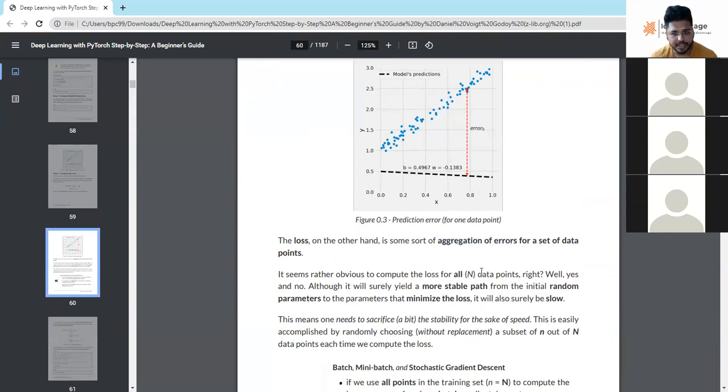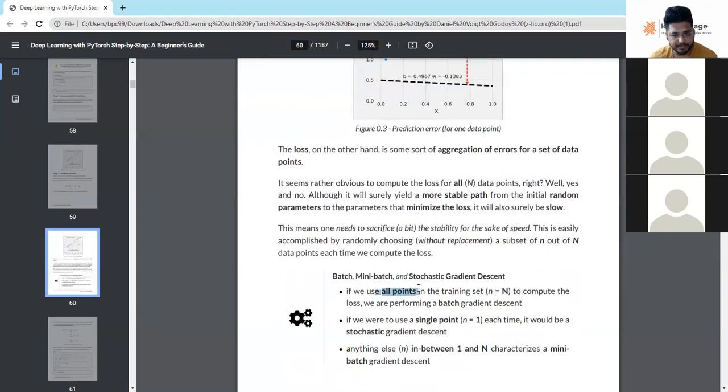If we are using all the data points at the same time, then it is called batch gradient descent. If we are only using a single data point, then it is called stochastic gradient descent. And if we are using somewhere between 1 and n, then it is called mini batch gradient descent.